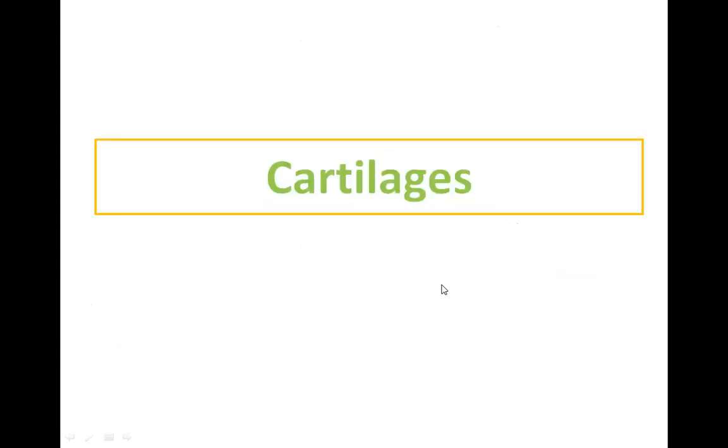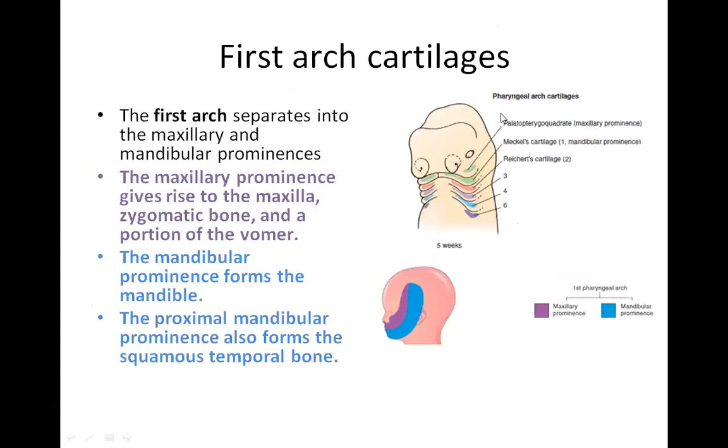Now we'll first see the cartilages of each arch. So the first arch cartilage separates into two prominences, the maxillary prominence and the mandibular prominence. The maxillary prominence will give rise to the maxilla, zygomatic bone, and a portion of the vomer bone which will form the nasal septum. Now there is a mandibular prominence as well. This mandibular prominence will form the mandible.